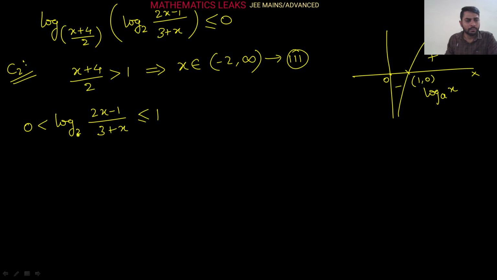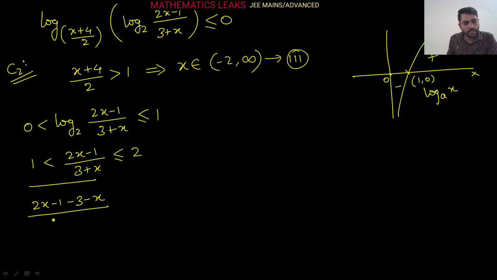On solving this, transferring the base, we can write 2 to the power 0, which is nothing but 1 only, and here (2x−1)/(3+x) less than or equal to 2 to the power 1, which is 2. So on solving the left-sided part of the inequality, we can easily write (2x−1−3−x)/(x+3) greater than 0.